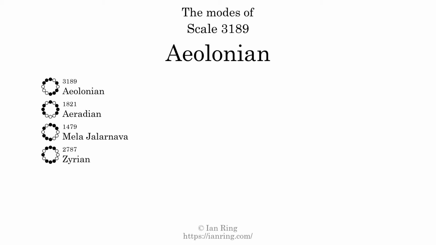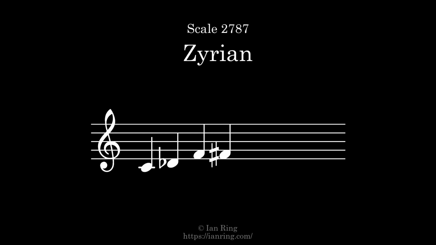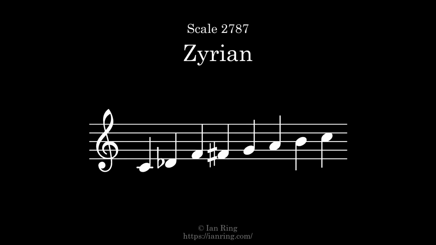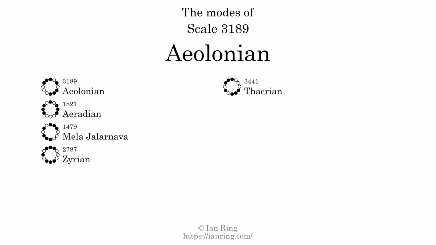The fourth mode is scale 2787, also known as Zirian. It sounds like this. The fifth mode is scale 3441, also known as Thackryan. It sounds like this.